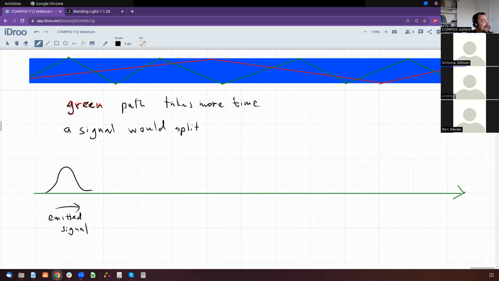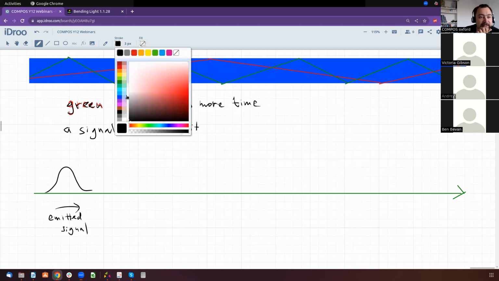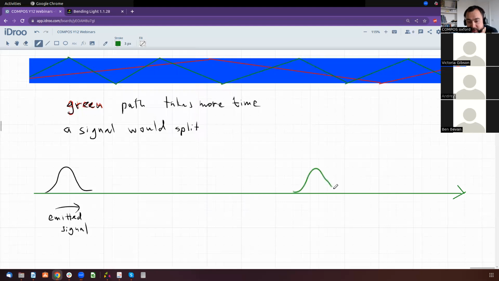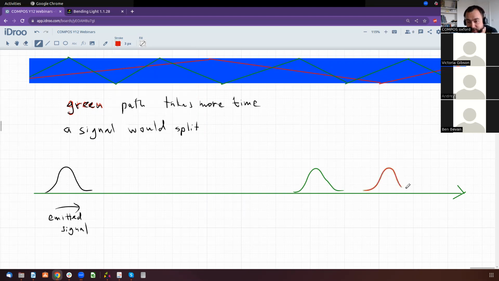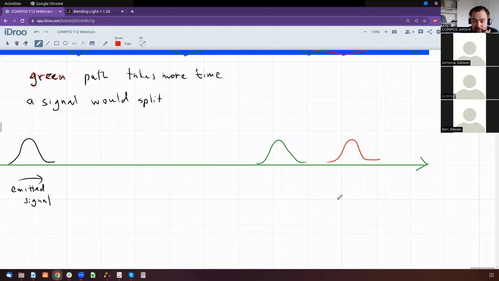But because this signal is allowed to travel along two different paths, the part of the signal that travels along the green path would lag behind the red signal. The signal that took the red path is quicker. Red is quicker, not the red light. So I don't want you to confuse, we're not talking about red and green light. It's just the red path. Red path is quicker, and this is the green path.